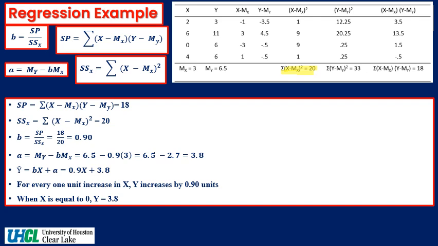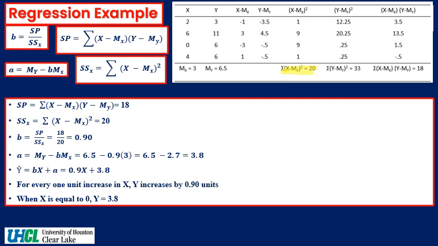We do a similar thing over here with y minus M sub y, squared. And then over here, we take the product of those two numbers from over here, not the squared. So let's go to one that's easy: 1 times negative 0.5 gives you negative 0.5.